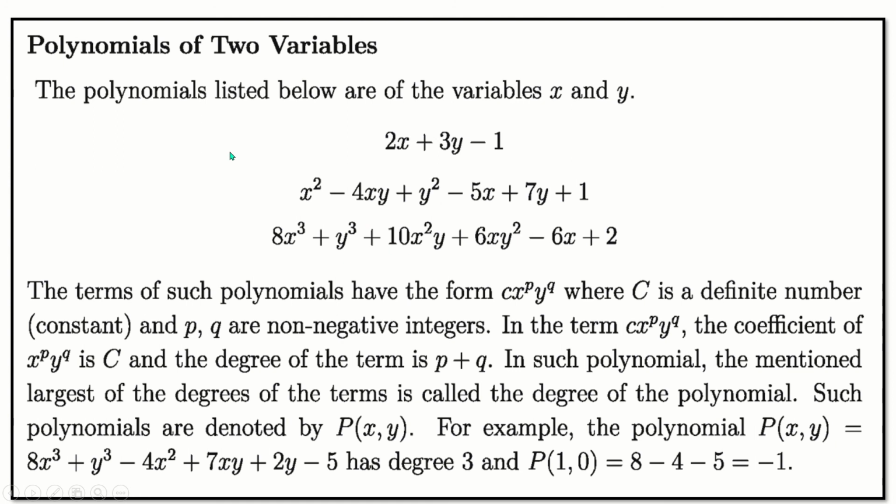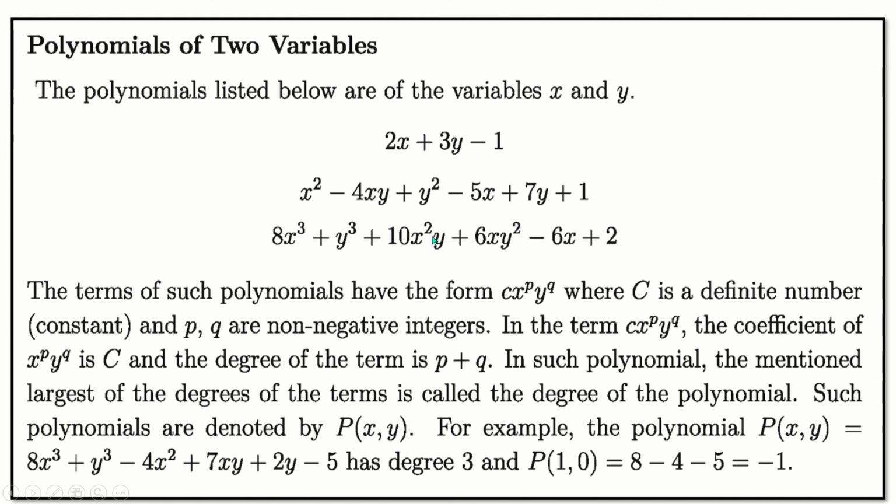And the form of polynomials of two variables is c x to the power p, y to the power q. This is the general form. And when this is in product form, here x and y are in multiplication form.